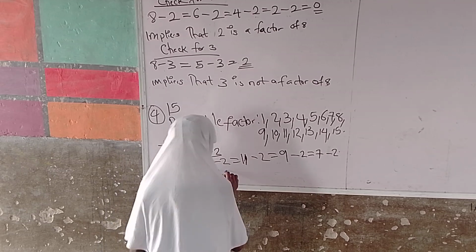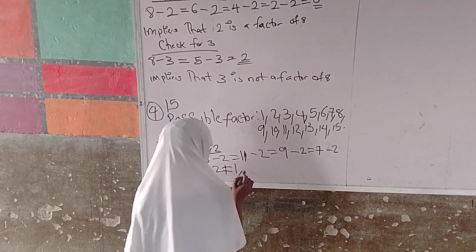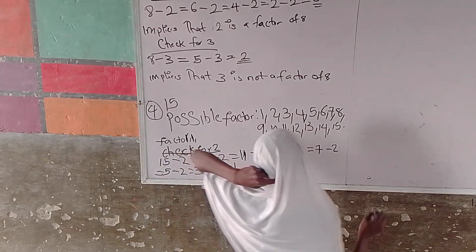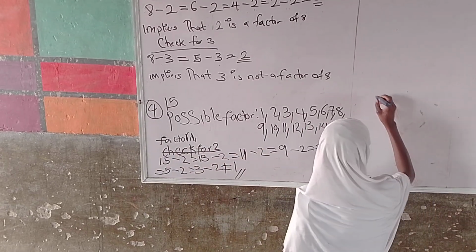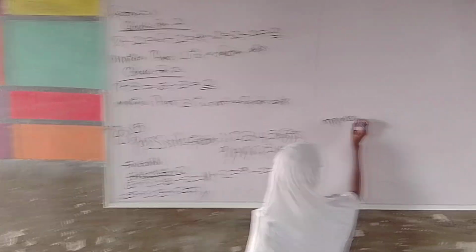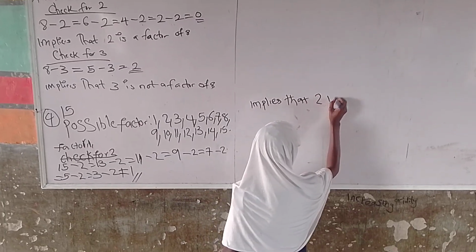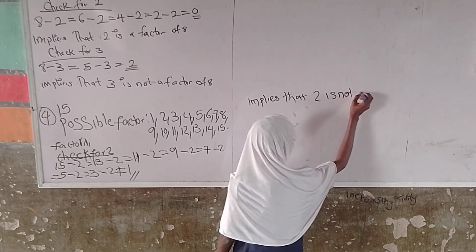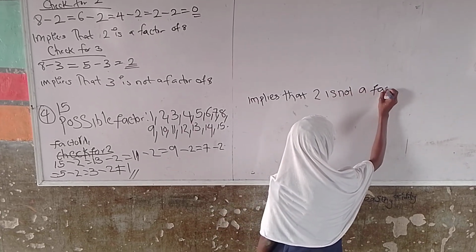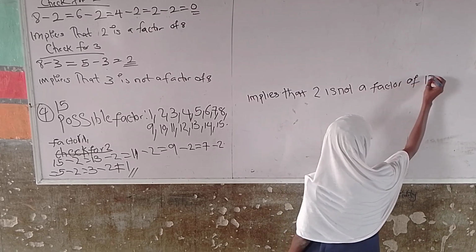Minus 2 is equal to 1. This implies that 2 is not a factor of 15.